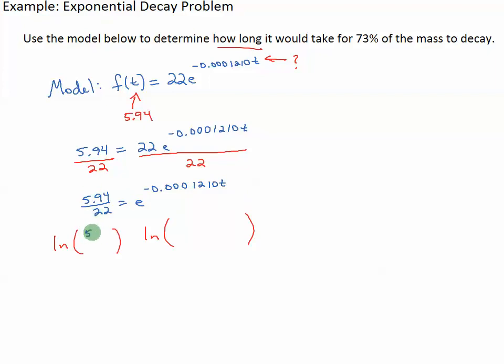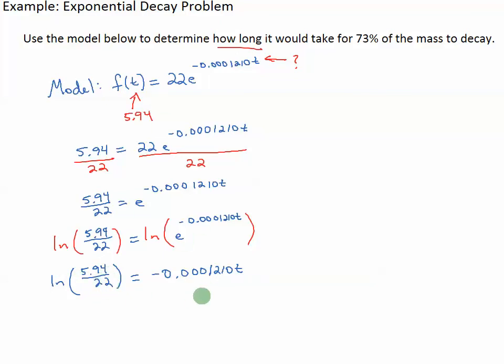So I've got the natural log of the fraction equals the natural log of this exponential expression. And on the right side, the natural log and the base e cancel, leaving behind just negative 0.0001210t. And on the left side, I've got the natural log of the fraction still.